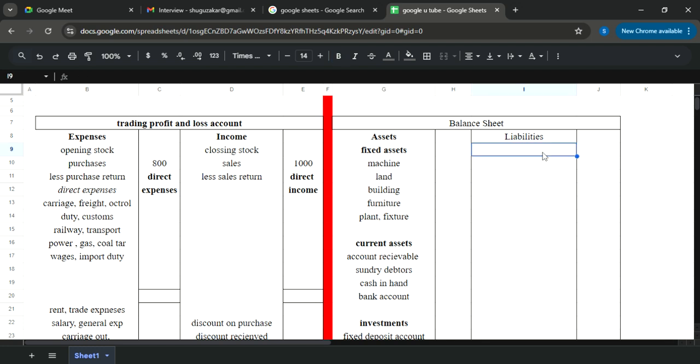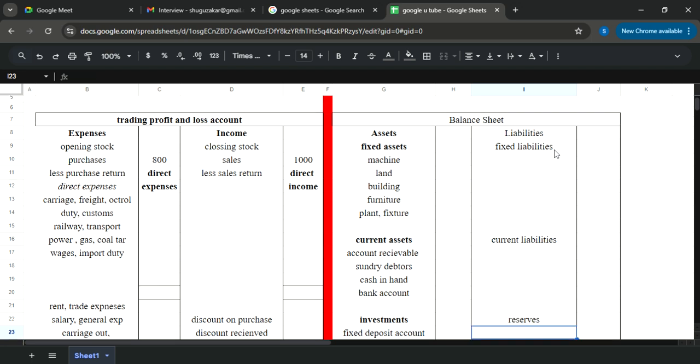And here you will write the same way: fixed liabilities and current liabilities. Here you will write your reserves. Fixed liabilities will include your capital.